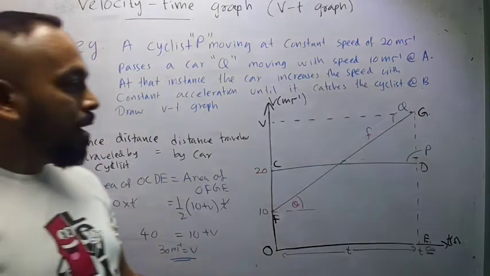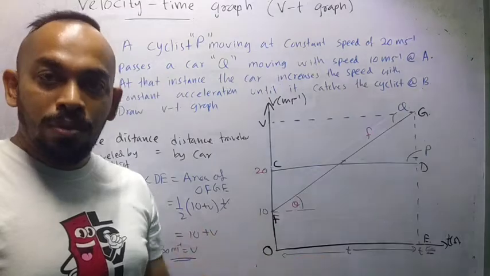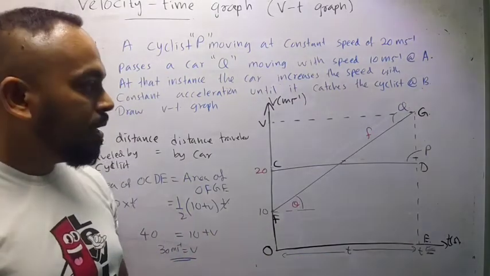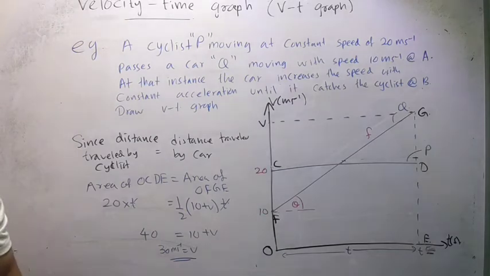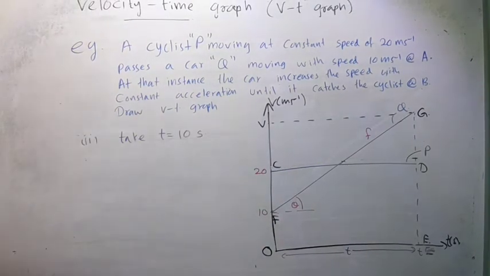Next they ask, take T to be 10 and find the acceleration and the displacement, the length between A and B. So let's take T as 10 seconds.